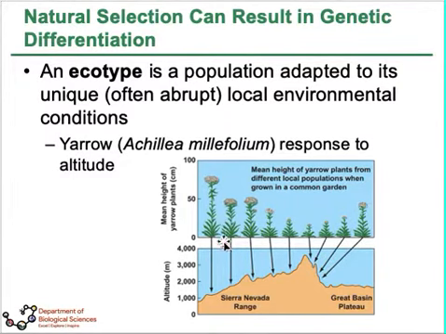At lower altitude, they tend to be longer as compared to those individuals that are within the higher altitudes. You can say that this particular species has a higher range of altitudinal gradient or can actually resist a wide range of altitudinal gradient. However, they tend to adapt to that particular elevation by reducing their height.